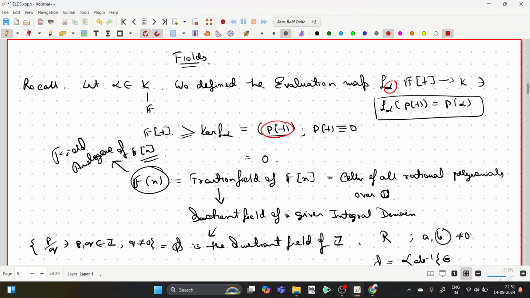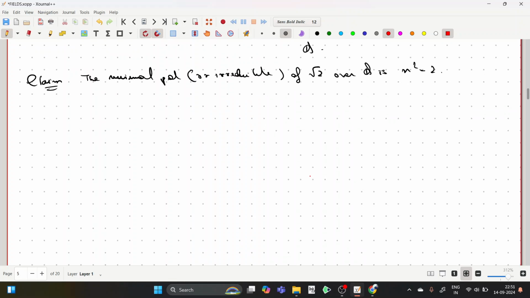If that element is algebraic over the underlying field, then the kernel will be a non-zero ideal, and since the kernel is an ideal of a PID, it is generated by some monic irreducible polynomial, and that very monic irreducible polynomial is what we call the irreducible or the minimal polynomial of the element alpha. So this is what we intend to prove in this case.